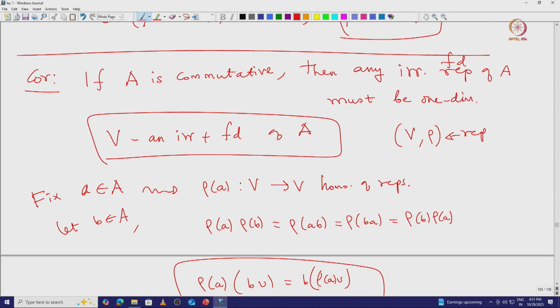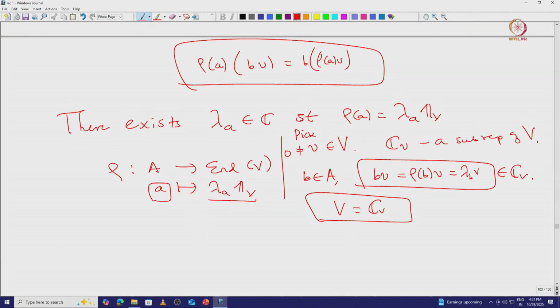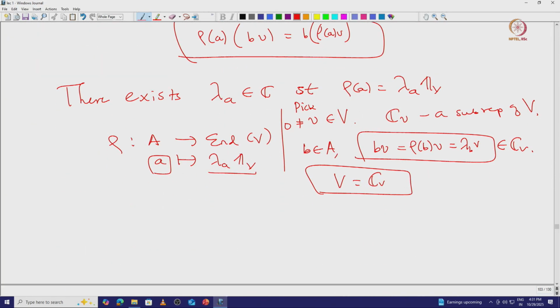Anyway, this is an immediate application of Schur's lemma. From this you can easily conclude that if you take an irreducible representation of C^x, then it must be one dimensional. We will discuss complete reducibility maybe later.